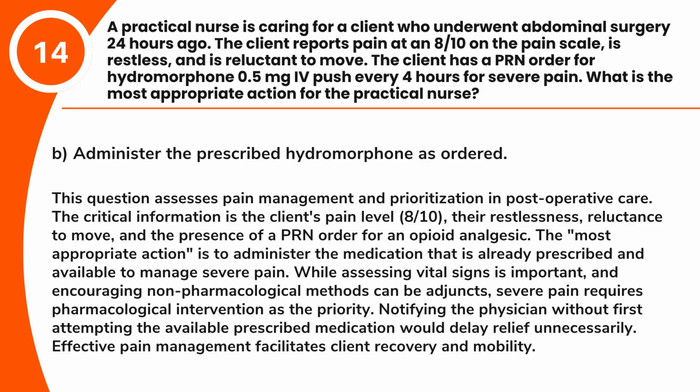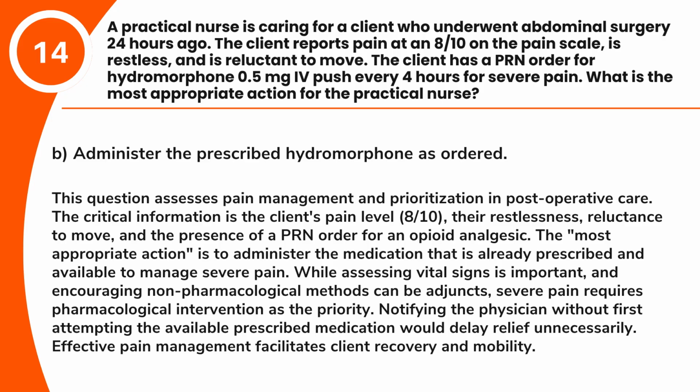Answer: B. Administer the prescribed hydromorphone as ordered. This question assesses pain management and prioritization in post-operative care. The critical information is the client's pain level, 8/10, their restlessness, reluctance to move, and the presence of a PRN order for an opioid analgesic. The most appropriate action is to administer the medication that is already prescribed and available to manage severe pain.